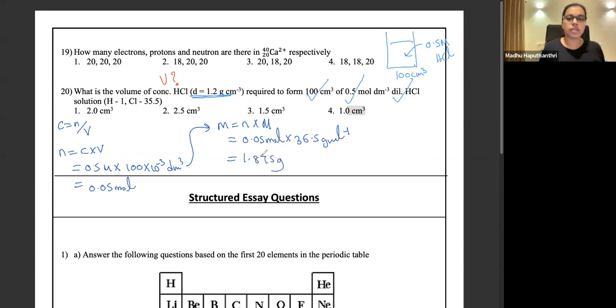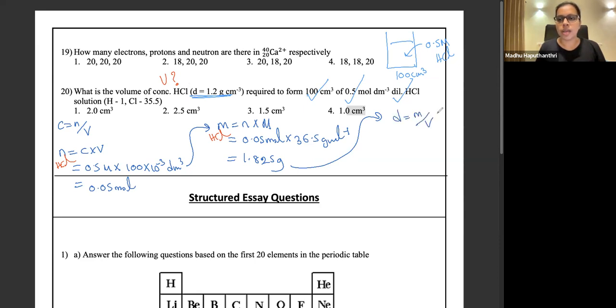Just simplify and see. This is 1.825. So then this is the mass of HCl. And then in order to obtain that much of a mass, we have to find what is the volume we need to take from this.